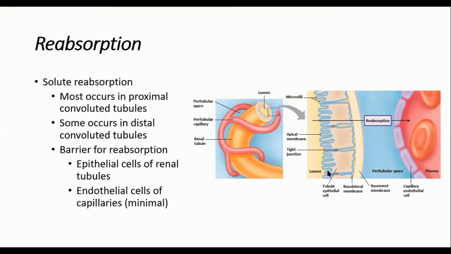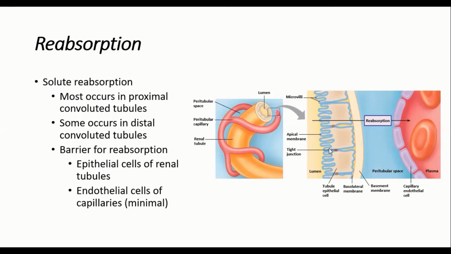So here we see the renal tubules, so the kidney tubules. They're going to have to go through the basement membrane, but that's not really hard for any of these molecules, so we're going to ignore it, and your book ignores it. Then they're going to go through the peritubular space, which is just diffusion, and they're going to move into the capillary endothelial cells. Now, the capillary endothelial cells are kind of spaced out, so they're not going to really block much of this.